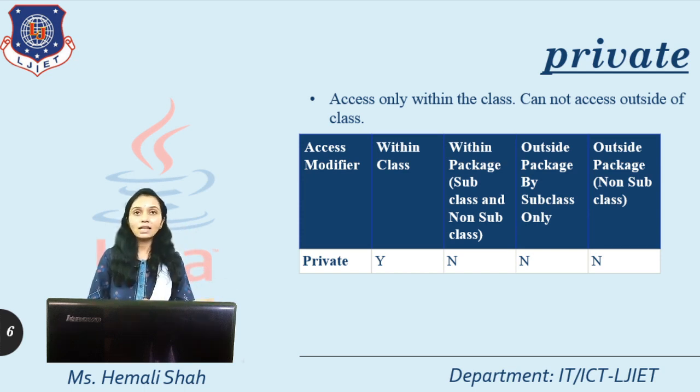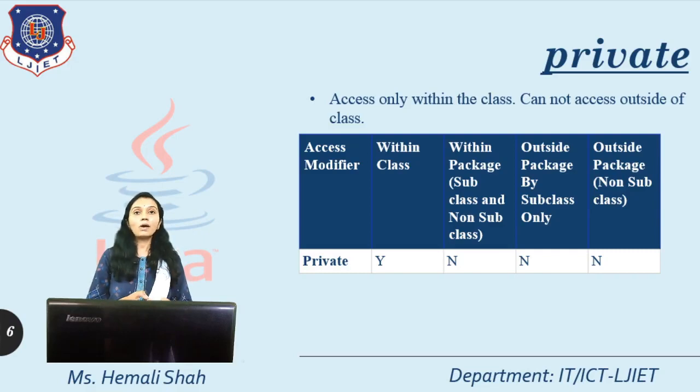And the 4th category is outside package but not a subclass. I want to just create an object and wants to access the data members and functions of some class which is not from the same package. So these 4 types of class where you can access the data members, class, functions, and methods.